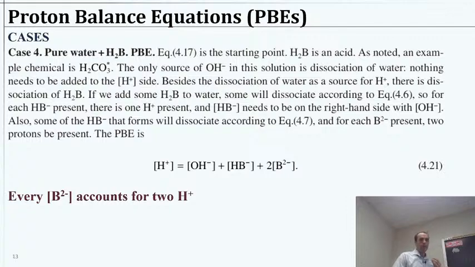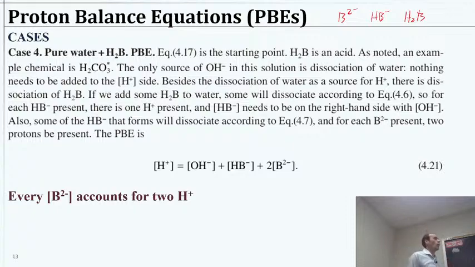And in this case, we can even tell just by looking at H2B, it's going to be supplying protons because it has 2 of them for every B. And so the different forms we could find that might be relevant would be B2 minus, HB minus, and H2B, right?